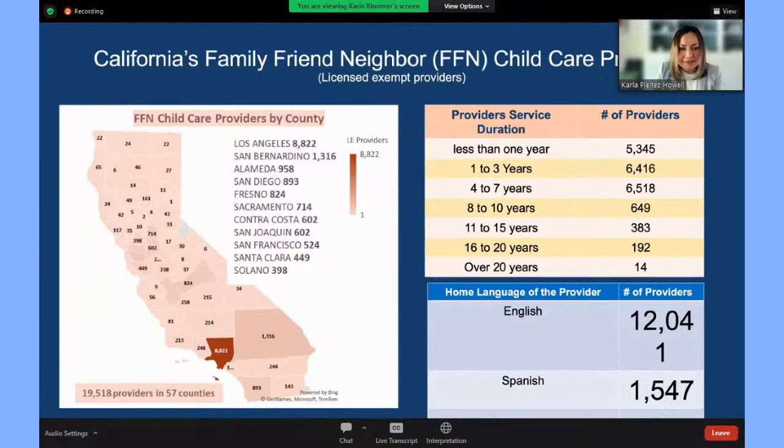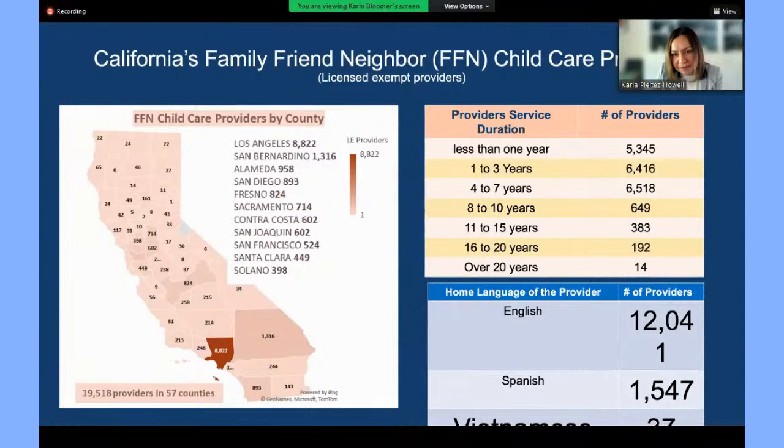And nearly 5,000 family, friend, and neighbors have been serving children for over 7 years. So this is a population that ends up staying really stable. There's about 5,000 that have been serving children for less than 1 year.